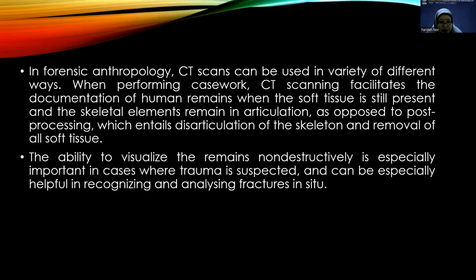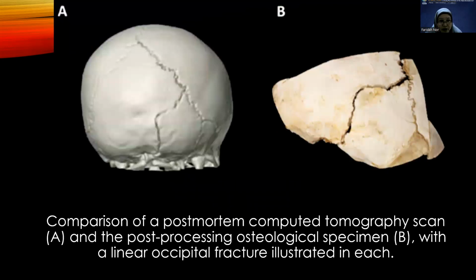In forensic anthropology, CT scans serve multiple purposes. They record human remains with the soft tissue intact and the bones in their natural arrangement. This is good for spotting and studying fractures in their original position. Comparing a postmortem CT scan and the processed skeletal specimen shows the linear occipital fracture.